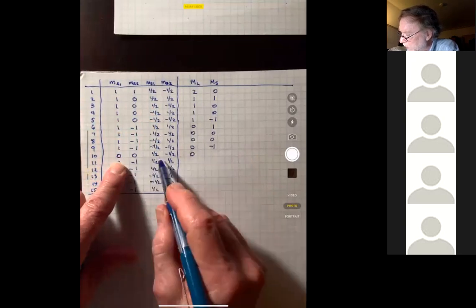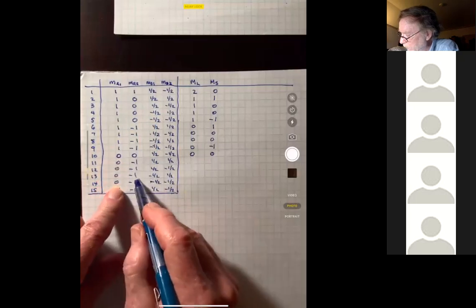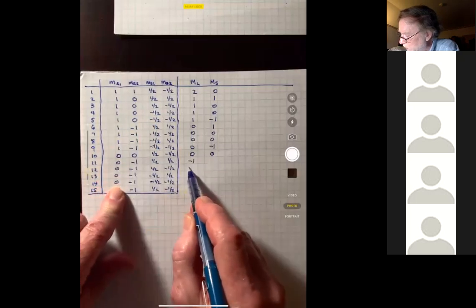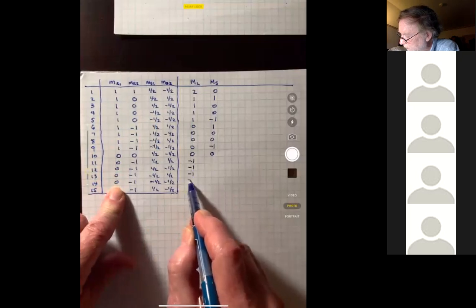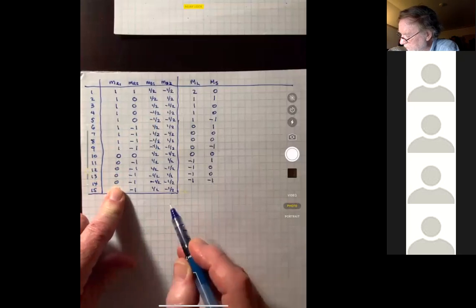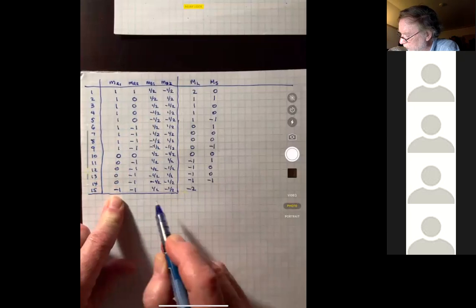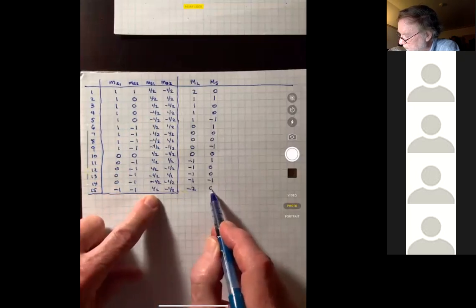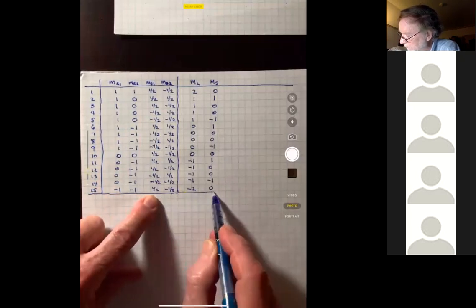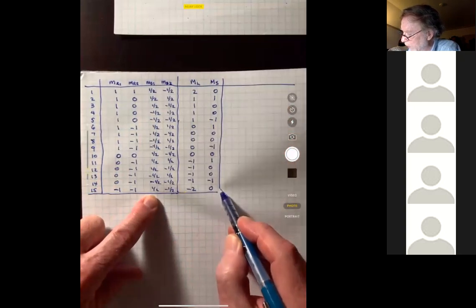The spin values also add up to 0. Then we got 0 minus 1, actually 4 of them in a row. That gives me 4 minus 1s for capital ML. And the spin values go 1, 0, 0, minus 1 as before. And then we got minus 1 minus 1 for a total of minus 2 for M sub L. And again, M sub S is 0. So just adding them up, this gives us our columns here for total ML and MS.